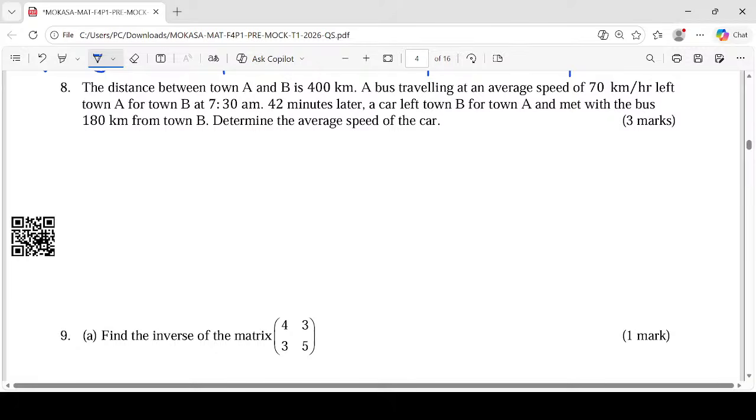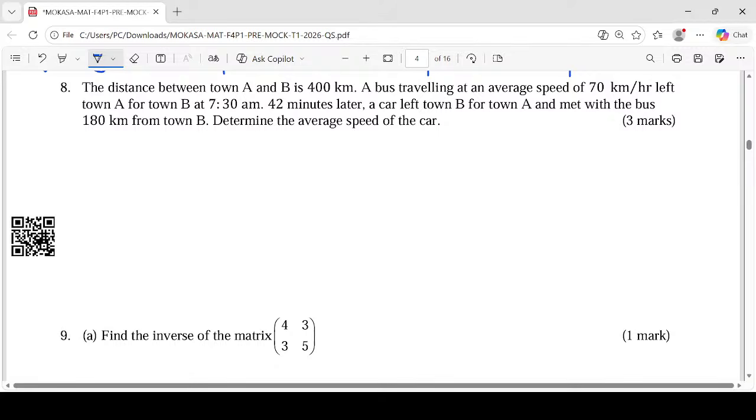We are being told in question number 8 that the distance between town A and B is 400 kilometers. A bus traveling at an average speed of 70 kilometers per hour left town A for town B at 7:30 a.m. 42 minutes later, a car left town B for town A and met with the bus 180 kilometers from B. Determine the average speed of the car.